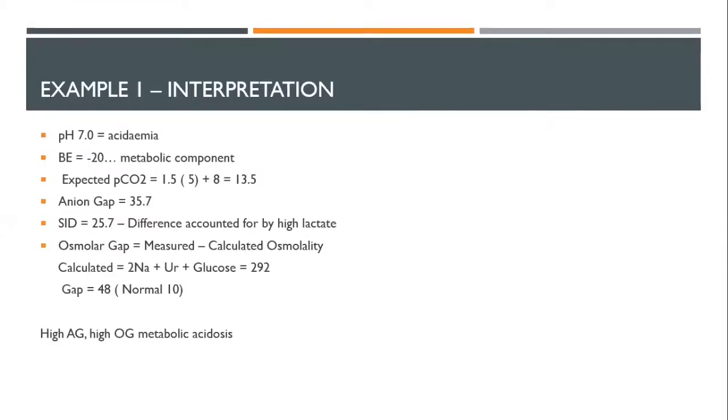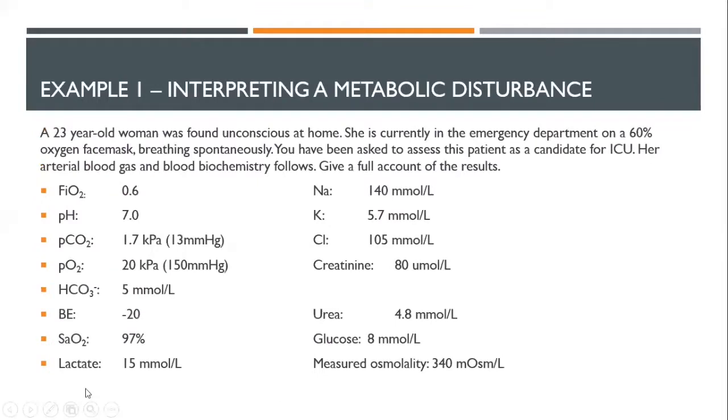And usually in the clinical scenario that she has, with a high anion gap, high osmolar gap metabolic acidosis, it's usually one of the organic alcohols that is causing the acidosis. So that's your methanol, your ethanol, your ethylene glycol. And another clue in the clinical scenario that you're given is the lactate that is extremely high.